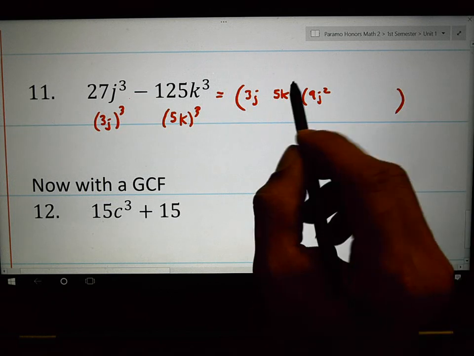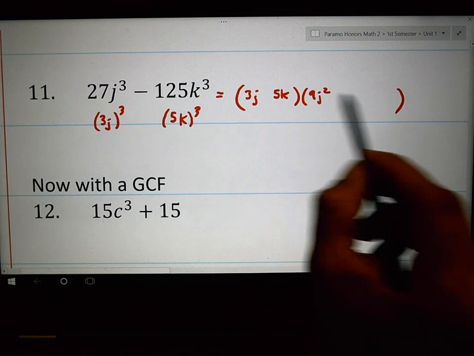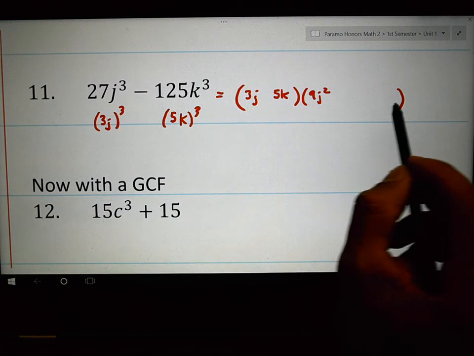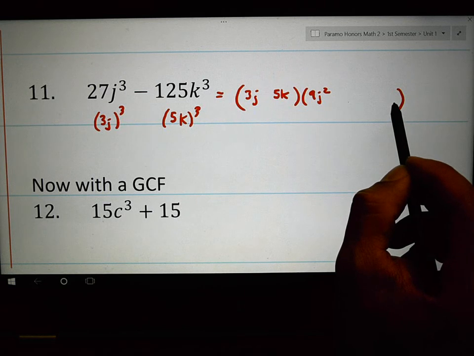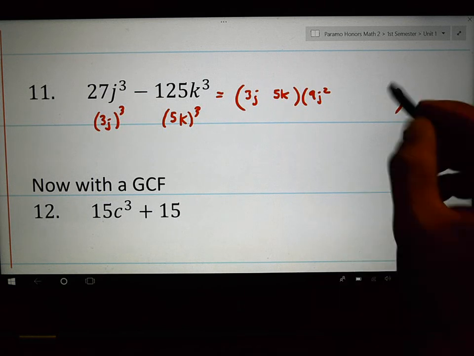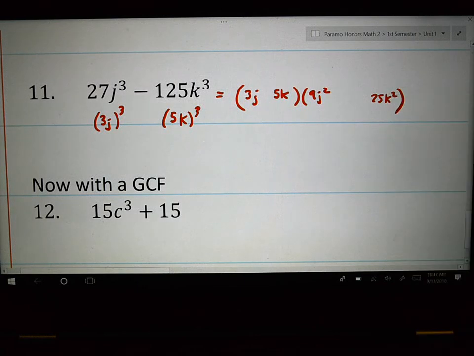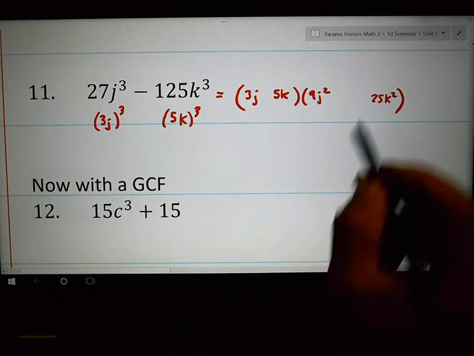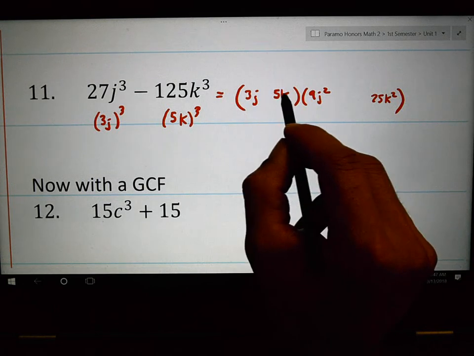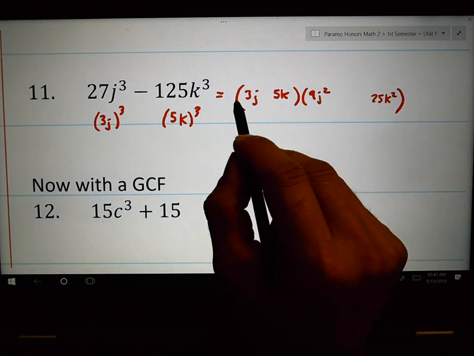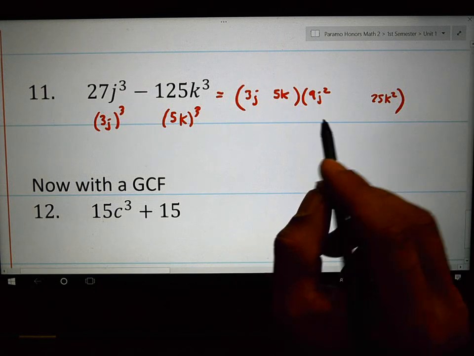I do the same thing with the 5k. I have to square that in the back. Back times the back. And when I square it, I think of the 5k times 5k, which is 25k squared. And then there's going to be a middle term here, which I just multiply these 2 things together. The 3j times the 5k. 3 times 5, 15 jk.